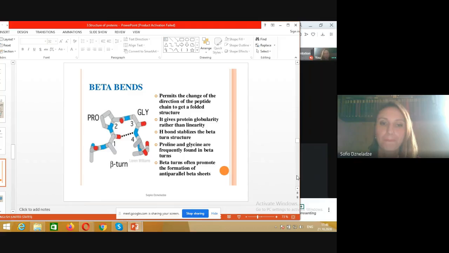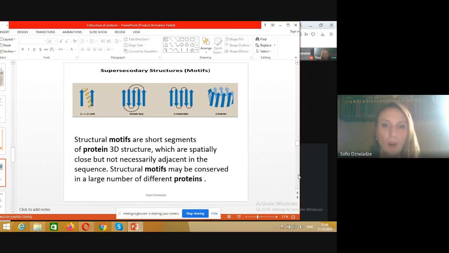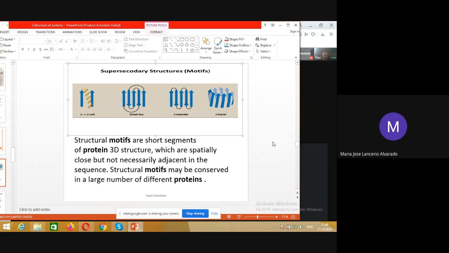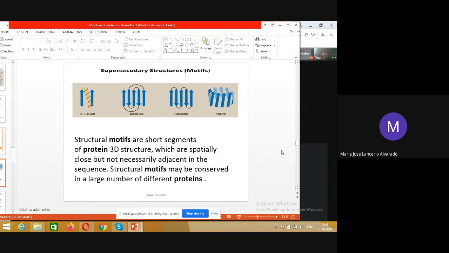Okay, it's about motifs. Please, Maria, what is a motif? Please explain this part. Structural motifs are short segments of protein 3D structure which are spatially close but not necessarily adjacent in the sequence.